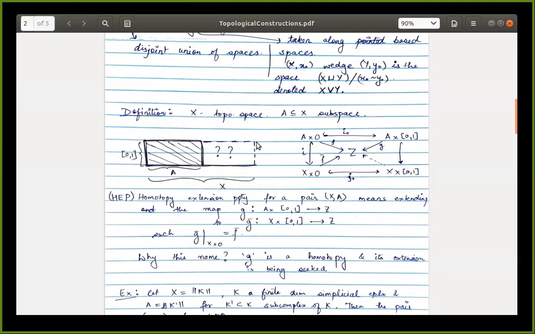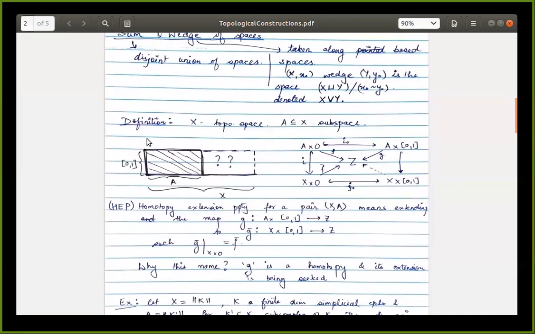And X cross [0,1] is going to be this full box. So what it demands is that, given a topological space Z, you have a map from A cross [0,1] to Z, and a map from X cross 0. So this horizontal line is X cross 0, the 0th cross section.